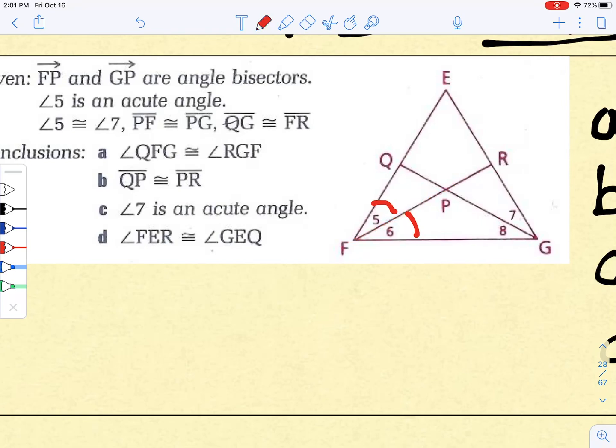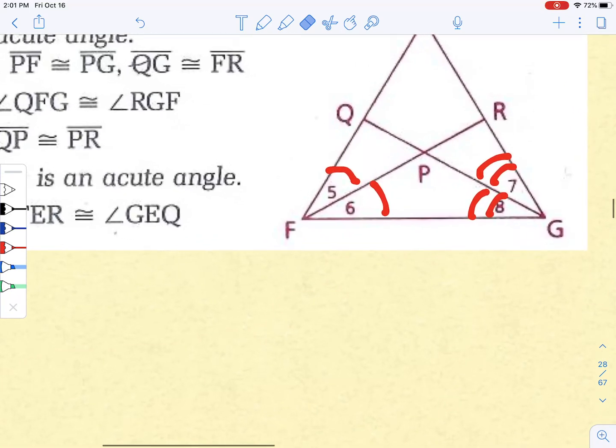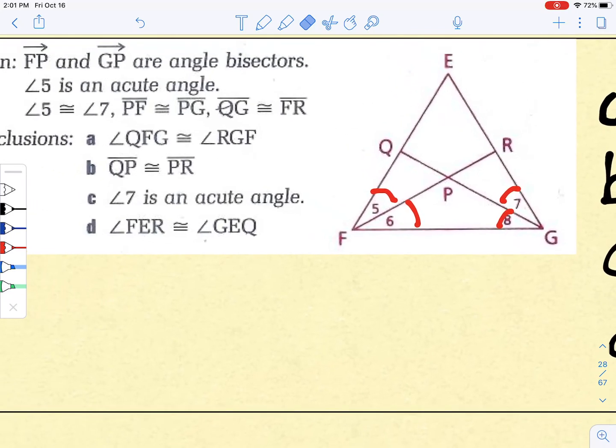GP bisects. And so I'm going to use a double angle there. Angle 5 and 7 are congruent. Oh, well, look at that. Angle 5 and 7 is congruent. I can remove one of those each.